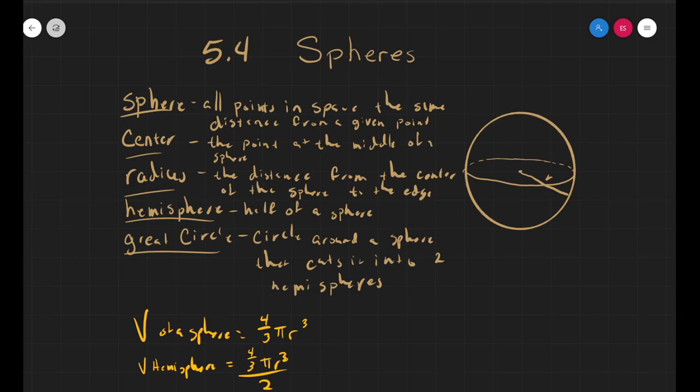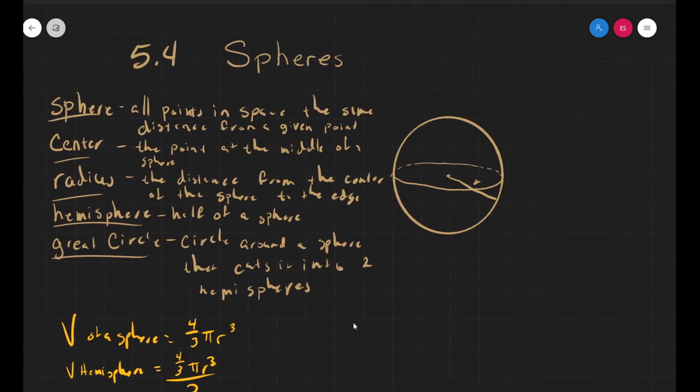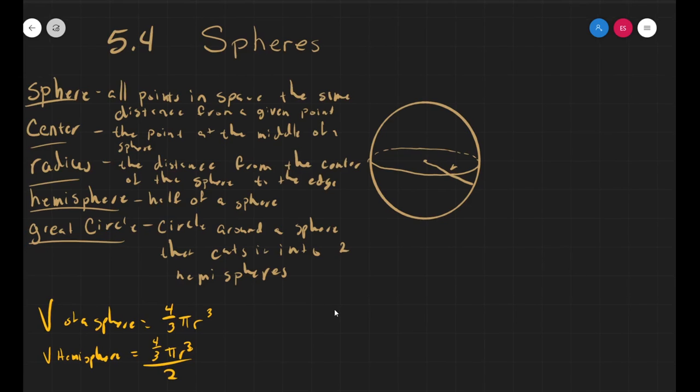So, let's find some volumes for some spheres. Let's say that we have a sphere, and we have our hemisphere here, and this radius is 9 centimeters.